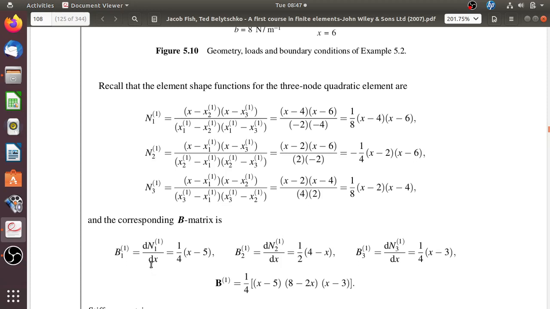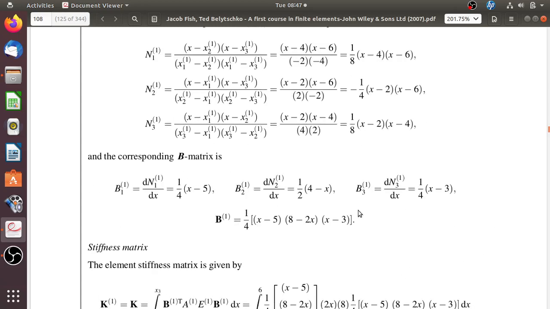We differentiate the shape functions with respect to x, and we get this vector, where this is the first element, this is the second element, and this is the third element. That is the vector corresponding to this element. But anyway, it doesn't matter, because this whole domain is just a single element. That is just for this example problem.